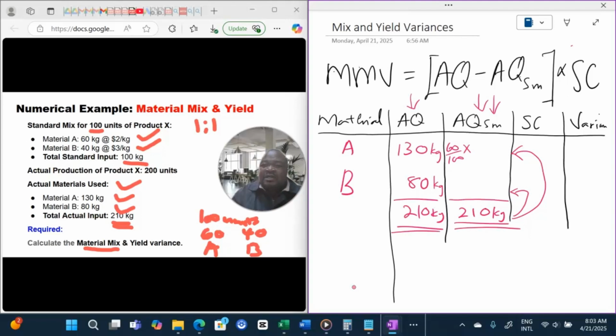And this time it's 210. So what is the amount we need?